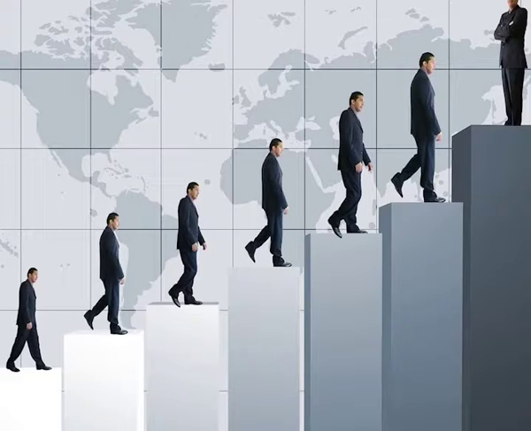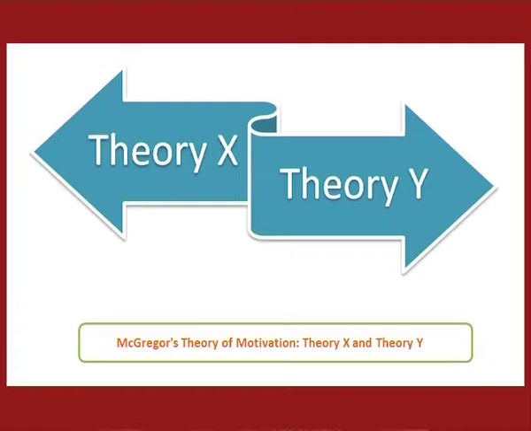Under the conditions of modern industrial life, the intellectual potentialities of the average human being are only partially utilized. Thus, the assumptions of theory Y suggest a new approach in management. This theory emphasizes cooperative endeavors of management and employees. The attempt is to get maximum output with a minimum amount of control and direction.